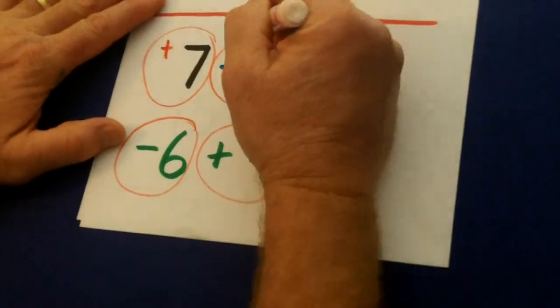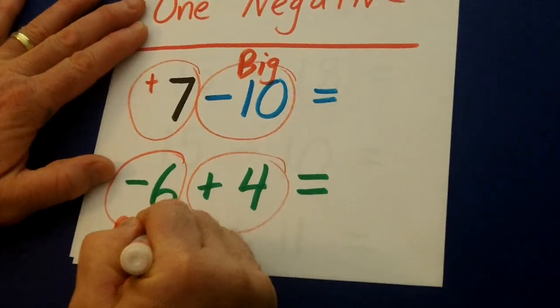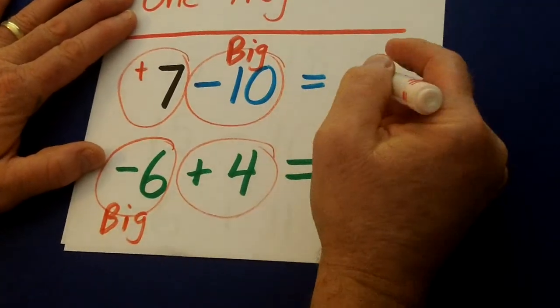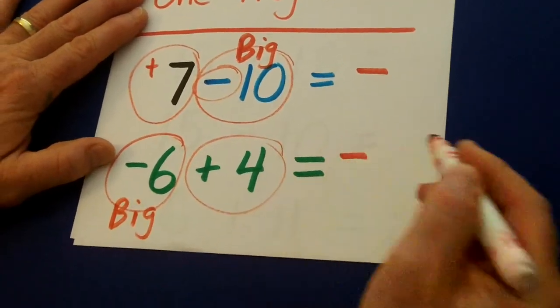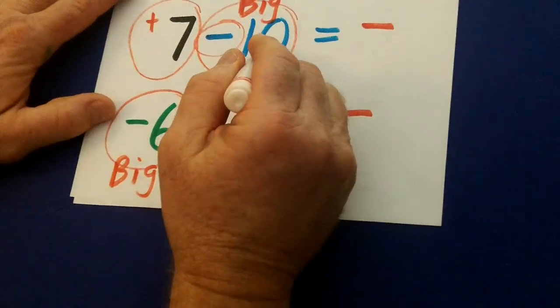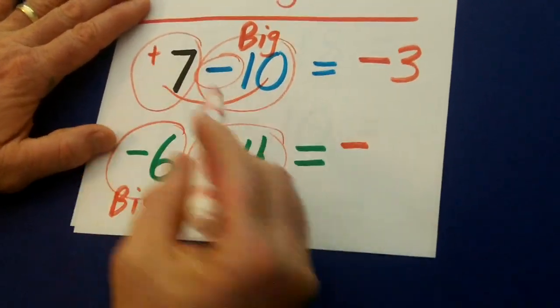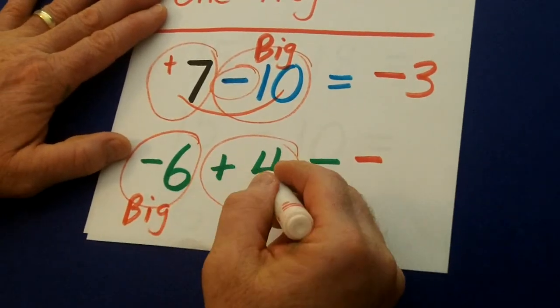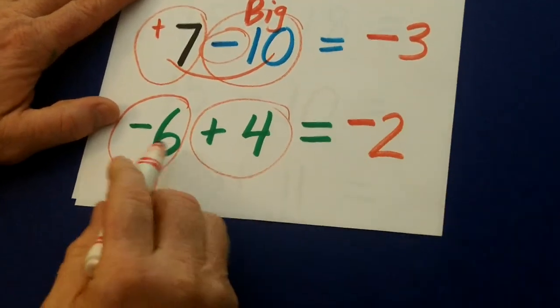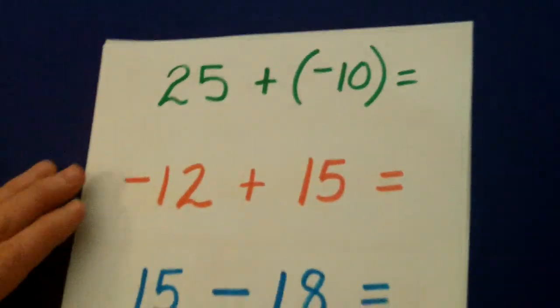So we always see which one is bigger. That bigger one will keep the sign. Keep the sign of the bigger one, and then we see how much bigger 10 than 7 is, 3. So we subtract 10 minus 7. Then the bigger one minus the smaller one, 6 minus 4 is 2, and then we keep the sign of the bigger number.